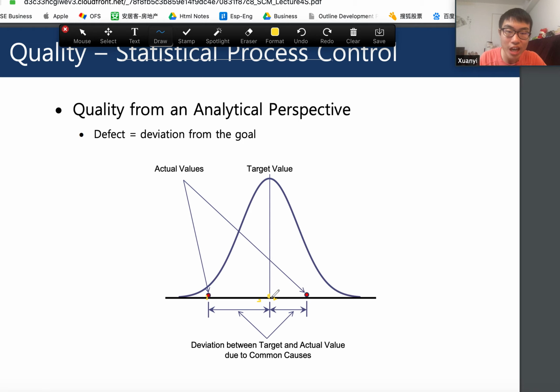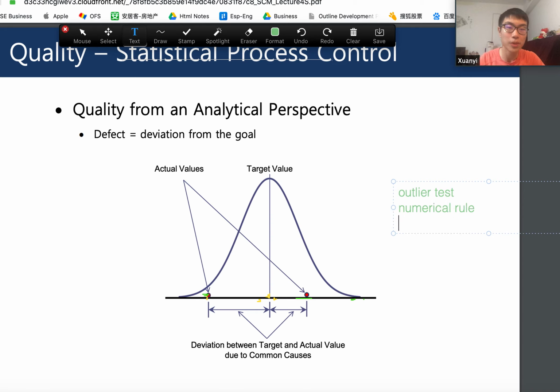Sometimes we set a target value at a certain point, and sometimes the results aren't that optimistic. We can see our values at different points. They may be here, they may be here. If you want to calculate whether it is an outlier or not, we have an outlier test, which we address as a numerical rule.